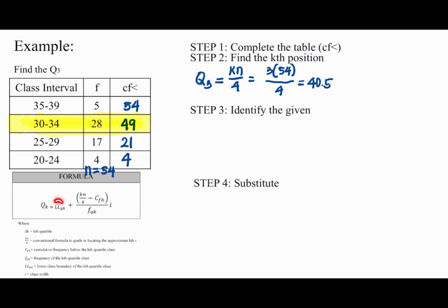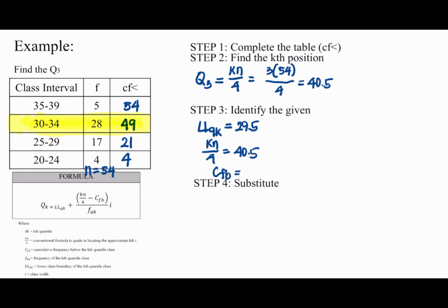Let's base it on the given formula. Let's start with LL Qk. That is the lower class boundary. So therefore, it's 29.5. Next is kn over 4. It's already given, which is 40.5. Next is C sub Fb, or the less than cumulative frequency below.